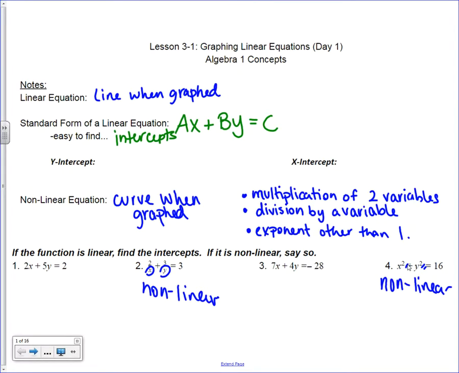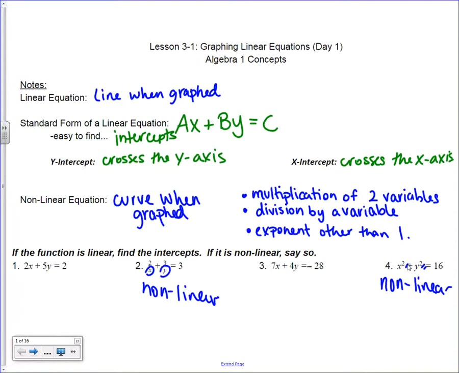So for the y-intercept, it crosses the y-axis. And for the x-intercept, it crosses the x-axis. Everybody okay with that? Yes? Are you sure? Okay, now I'm going to fill in one more thing below these two.